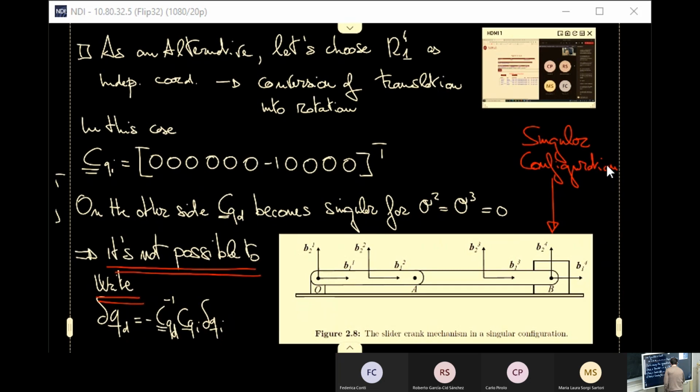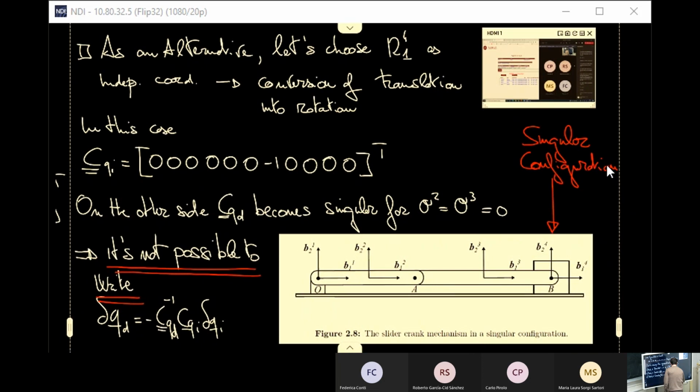In fact, if you think about it, physically it makes sense, because as long as you rotate about 0.0, you never get a problem. You never get stuck. So from rotation to translation, no problem. The reverse, not quite. You have to go through this.